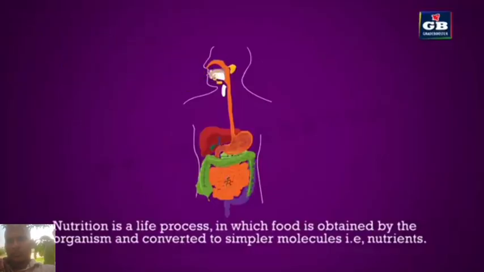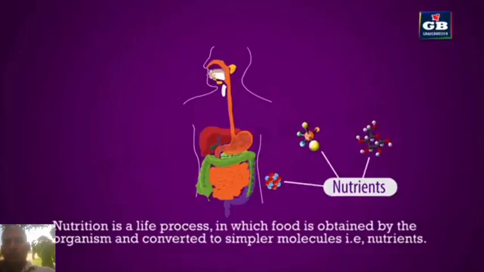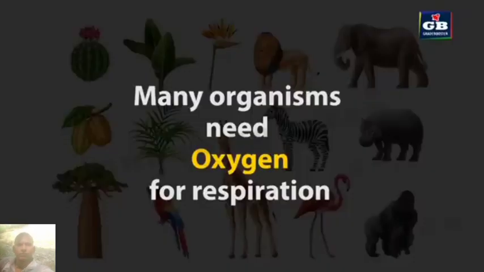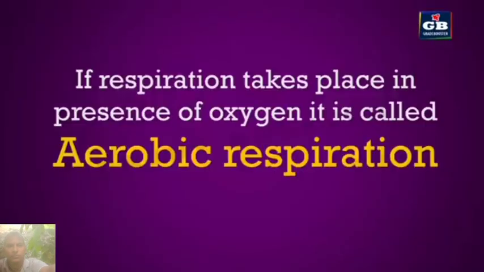Nutrition helps to get nutrients like glucose from food, whereas respiration helps in the release of energy from nutrients like glucose. In some organisms, oxygen is needed for the process of respiration. The respiration that takes place in the presence of oxygen is called aerobic respiration.